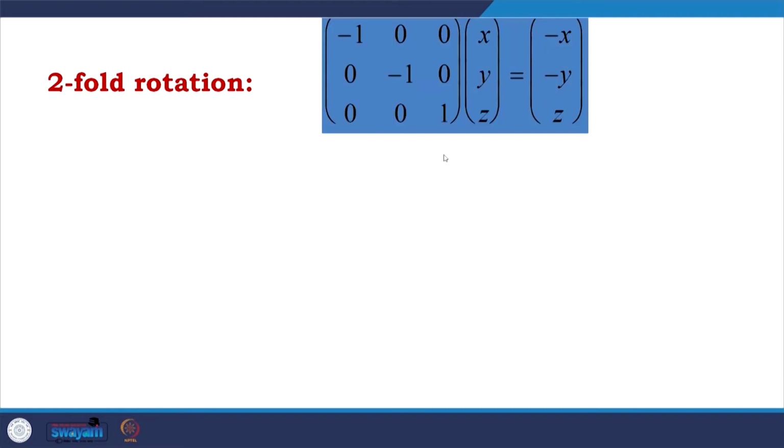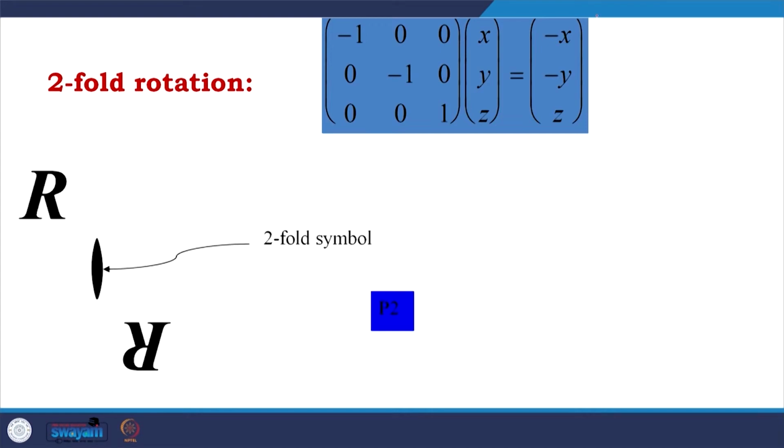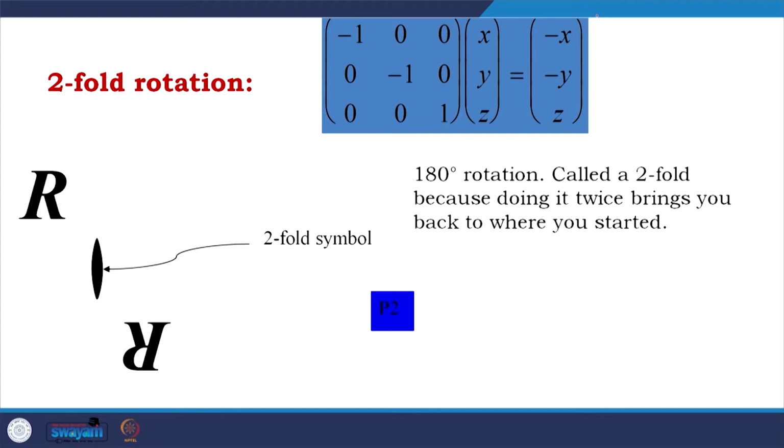Two-fold rotation, here you see change in the two axes. So, this is a representation of two-fold rotation which maintains P2 symmetry. It is a 180-degree rotation. It is called two-fold because doing it twice brings you back to the original where you started.